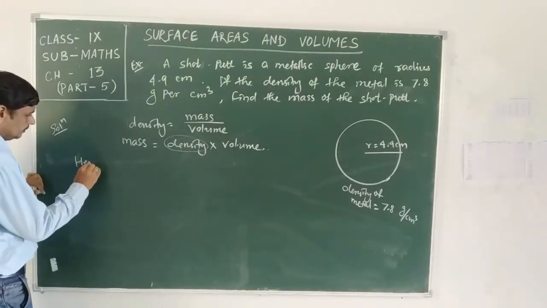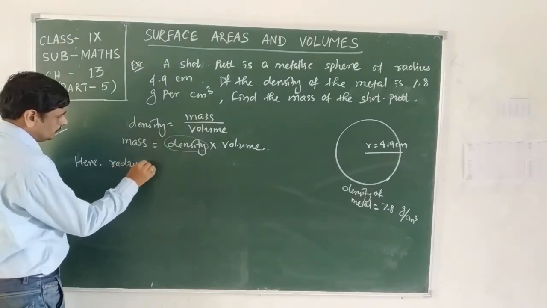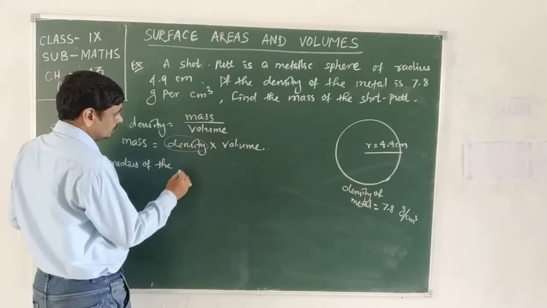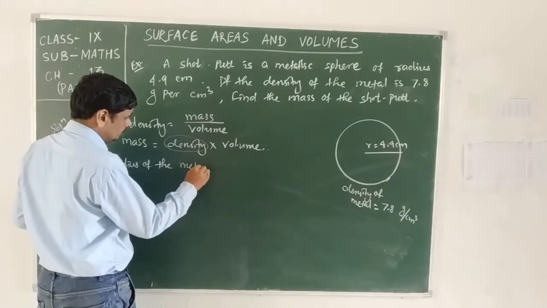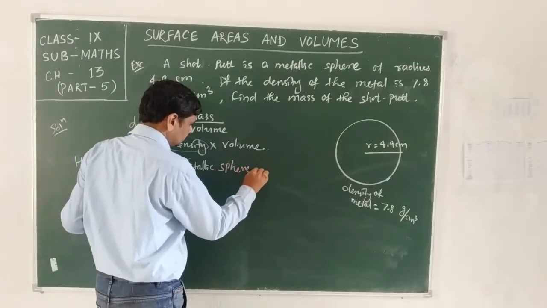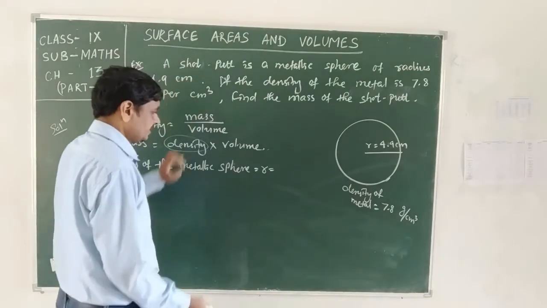Here, radius of the metallic sphere, that is r, is given as 4.9 cm.